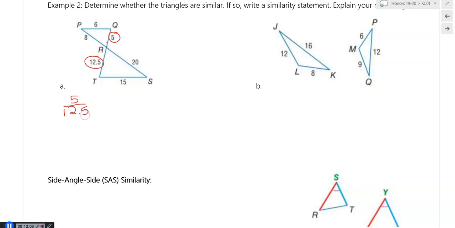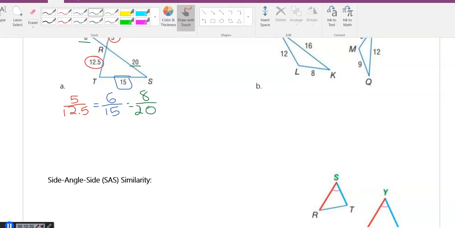And then that has to equal middle over middle, in terms of the actual order of the numbers, and then that has to equal our largest number over our largest number. Okay? Just so I know, those are the corresponding sides. Those sides have to match up.